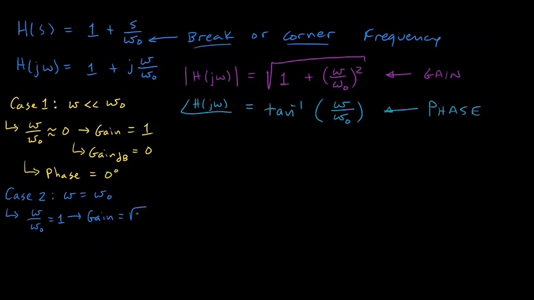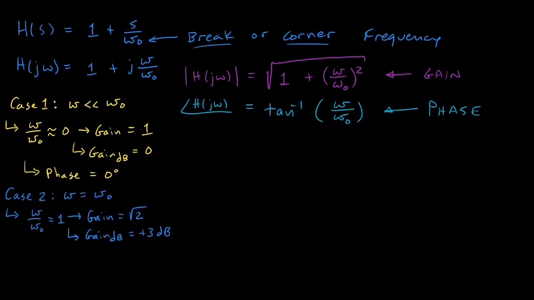That's the square root of 2, and so our gain in dB is 20 times the log base 10 of the square root of 2, which is about plus 3 dB.